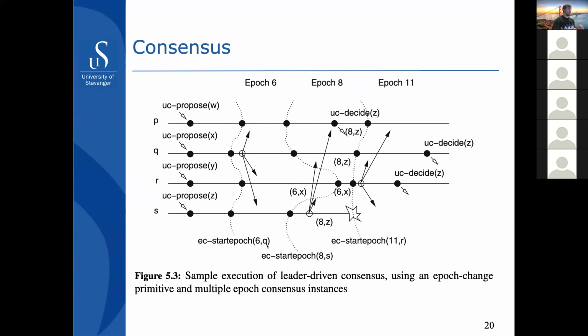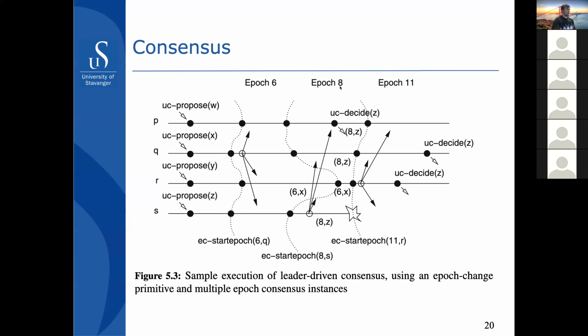I'm switching these two words, but whenever I say round, I mean epoch. So the epoch here, we have a deterministic function, so that we pass in the epoch, and from that we can know who is the designated leader.